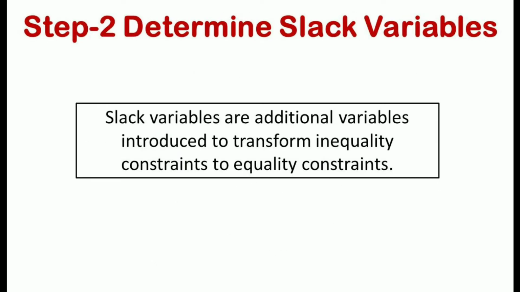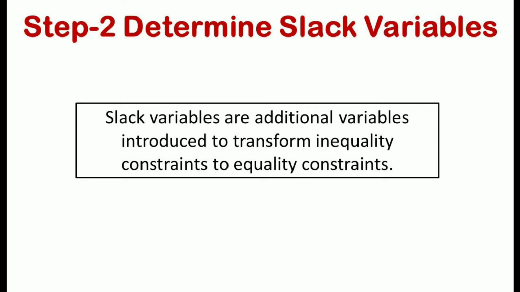The second step is to convert the given linear inequality constraints into linear equations by adding slack variables. Slack variables are the additional variables that are introduced to transform inequality constraints into equality constraints, making them solvable equalities with one definite answer.